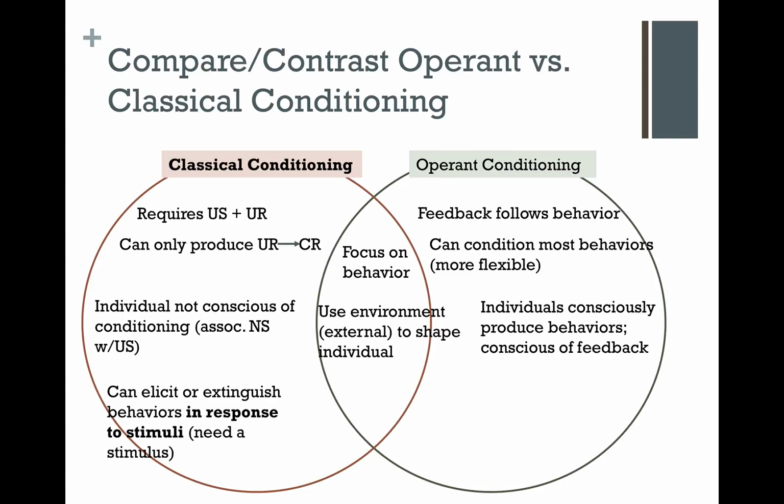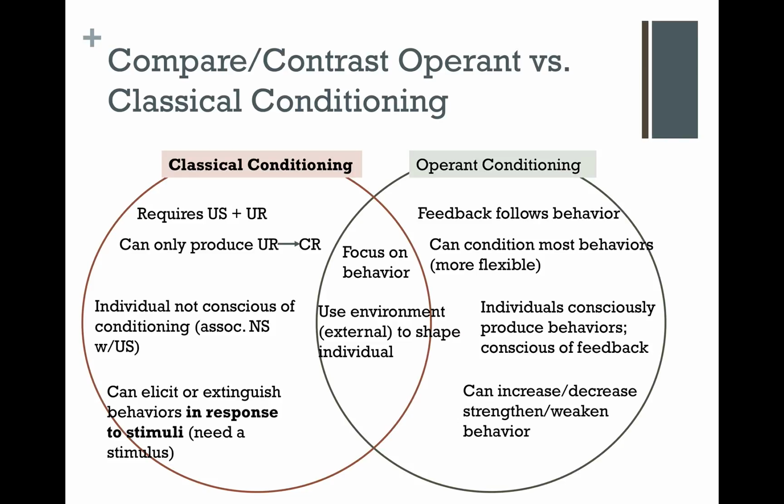When we're talking about classical conditioning, we're always talking about behaviors in response to a stimulus. We're either talking about the unconditioned stimulus before conditioning, or the conditioned stimulus after conditioning, in terms of producing the unconditioned or the conditioned response.